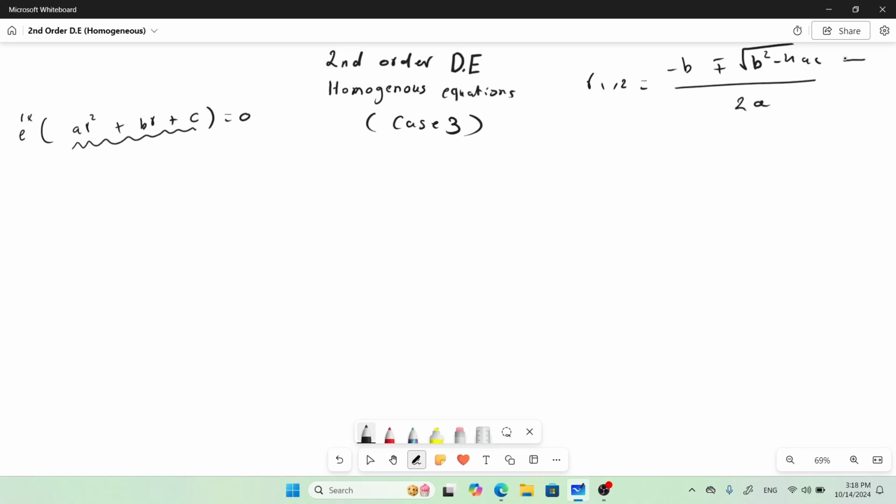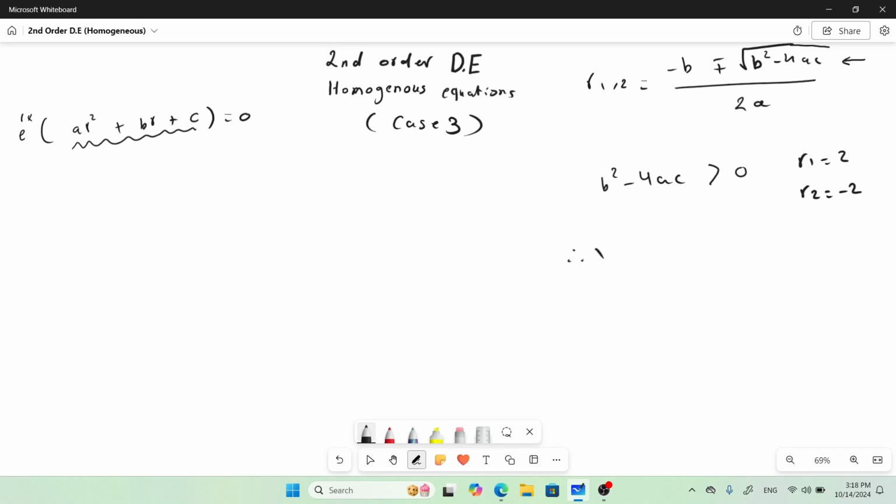We concentrated on that part of the equation, the b squared minus 4ac. In part 1 we said if it's bigger than 0, then our roots are real and they are different in value. So for example we have r1 is equal to 2 and r2 is equal to negative 2.